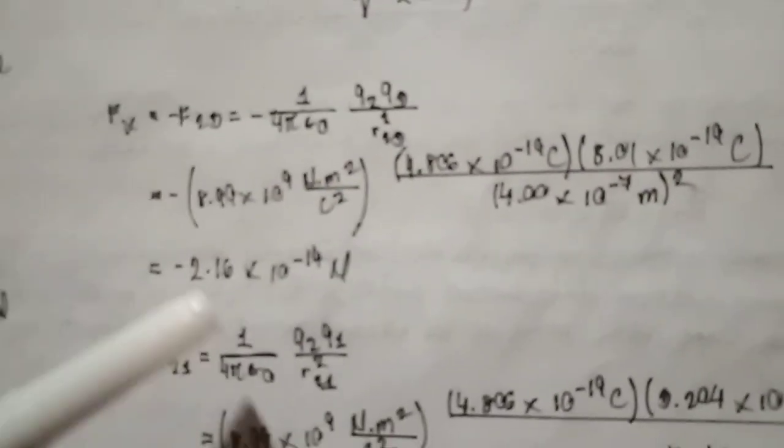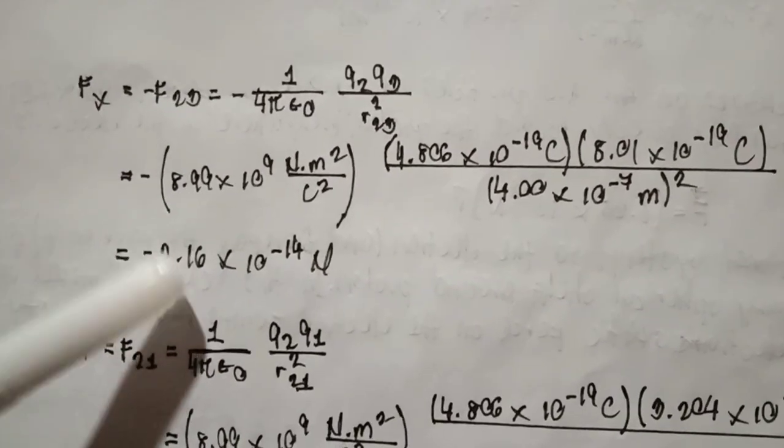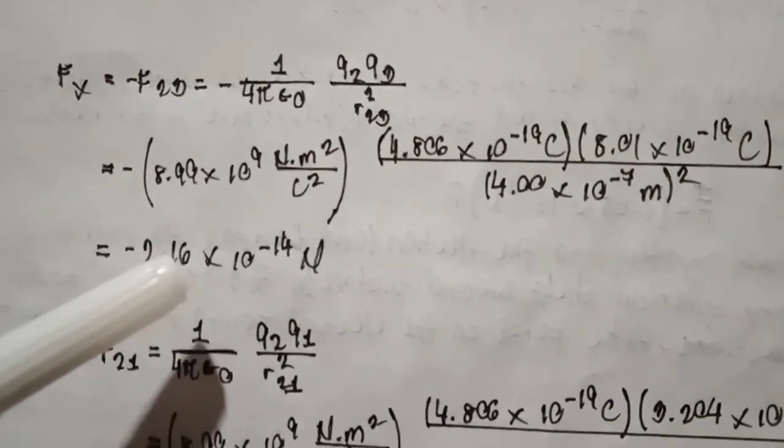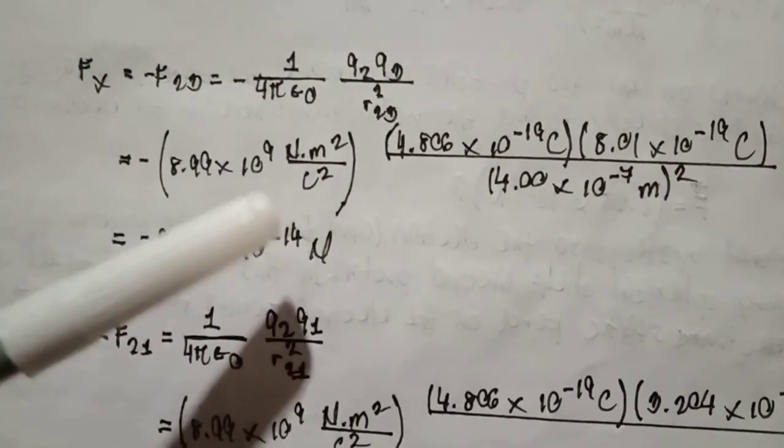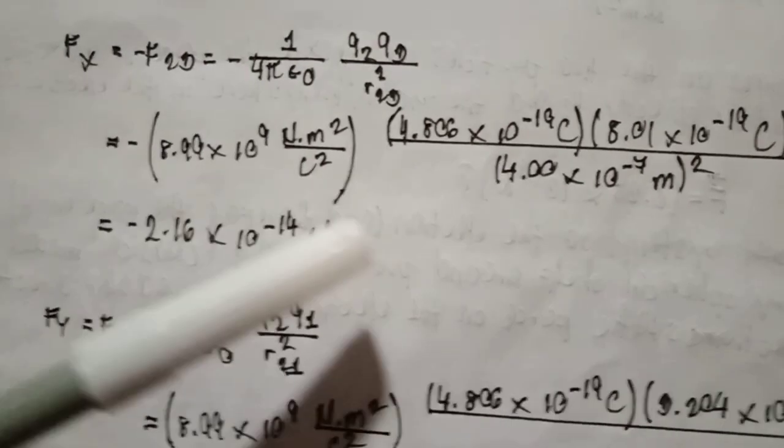So we substitute, and this is the answer: negative 2.16 times 10 raised to the power of negative 14 newtons.